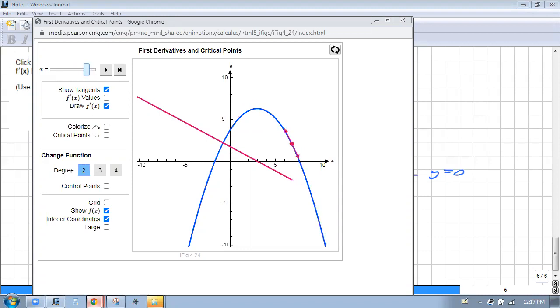If we go back to where this is horizontal, that means the derivative is 0. The slope is 0. So that's why the y value here is 0. That's where it's intersecting the x-axis.